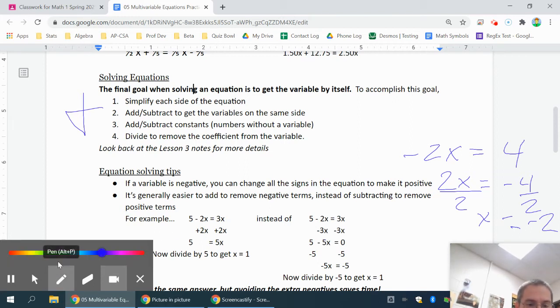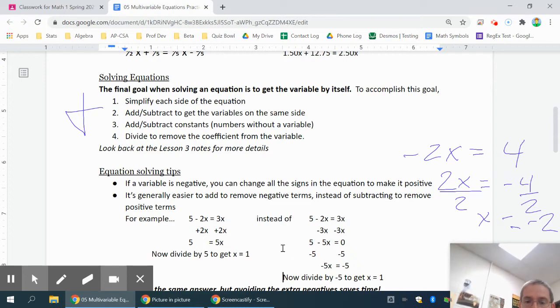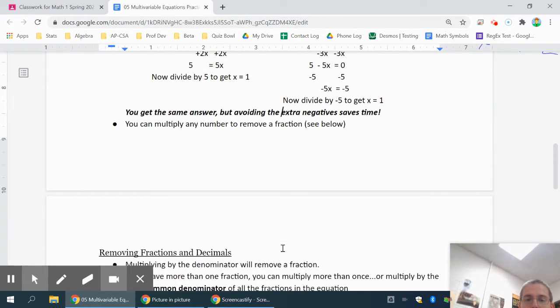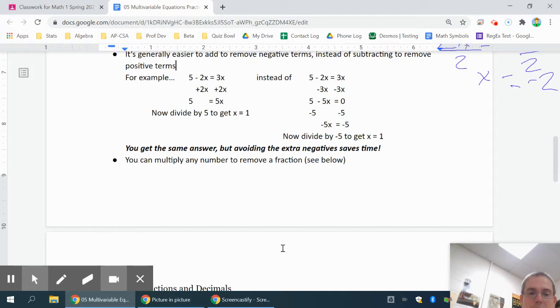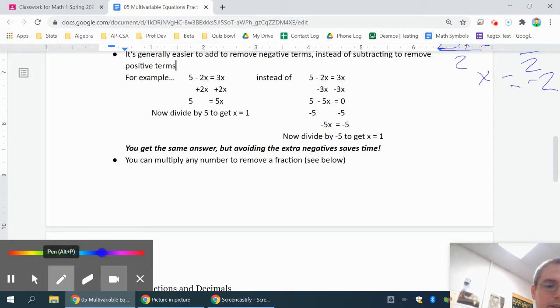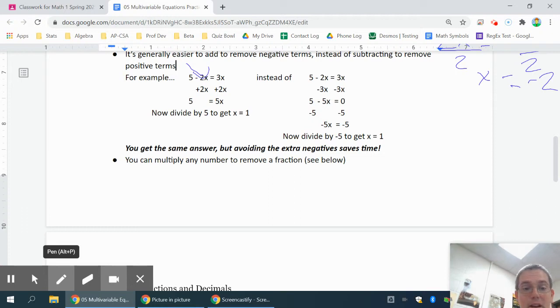Another thing that's worth mentioning is that a lot of times it's easier to remove negative terms instead of subtracting to move positive terms. I have 2 examples here. You can see on the one on the left-hand side, you have just added the 2x, and you very quickly have a 5 equals 5x, so you could divide both sides by 5 and come up with an x equals 1 very quickly.